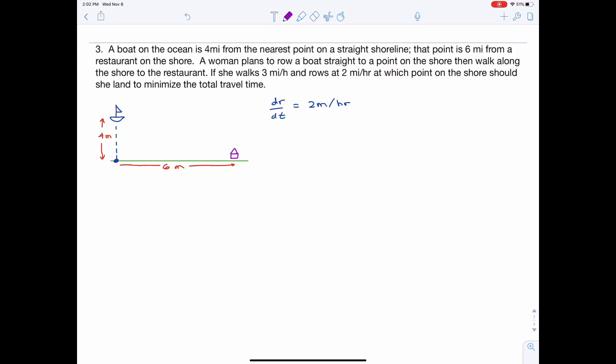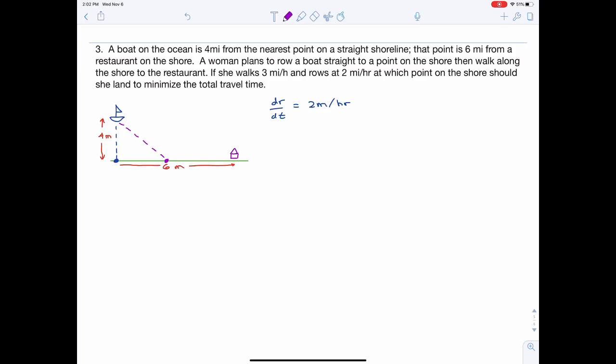What they want to know is where should she park her boat, or where should she row her boat, to minimize her travel time to the restaurant. So if this purple dotted line represents her rowing, where along that green line would she have to park her boat and then walk the rest of the way.